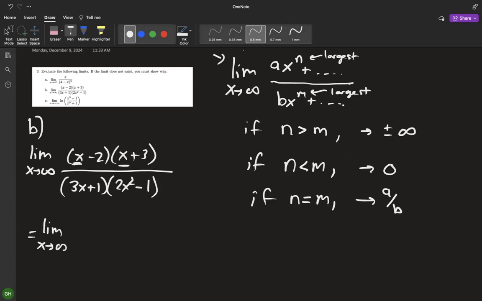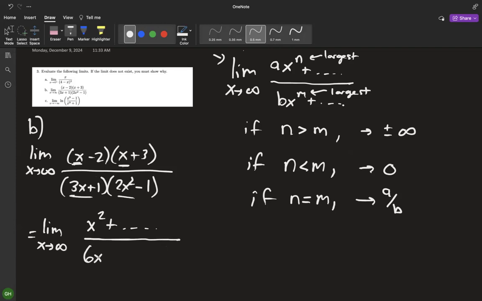So basically, without foiling, I could say this is going to be x squared plus a bunch of things that are smaller than x squared, right? You'll get plus 3x minus 2x minus 6. But again, we're going to infinity, so we don't care about the smaller terms of x. Similarly, the biggest power of x on the bottom is going to be when I take the 3x times the 2x squared.